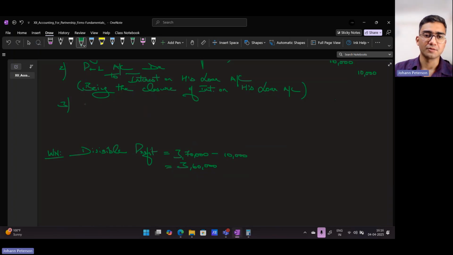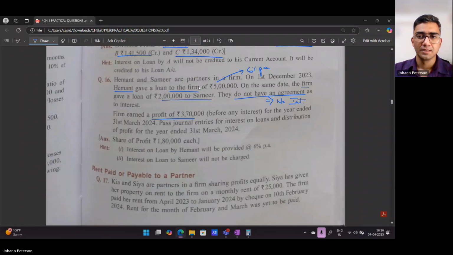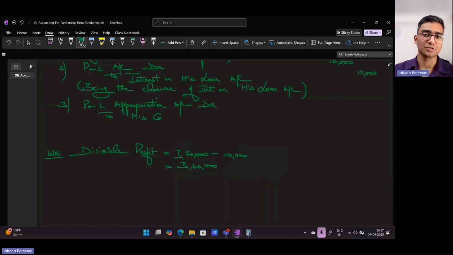So when I have to divide my profit among the partners, I write P&L appropriation account debit to whichever partner we are giving it to. Let's see if it is capital or current. It doesn't say anything. So by default, we are going to assume fluctuating capital.